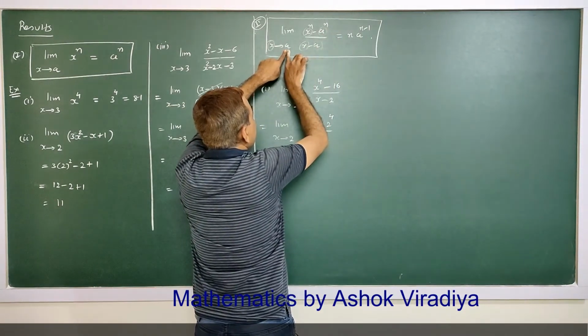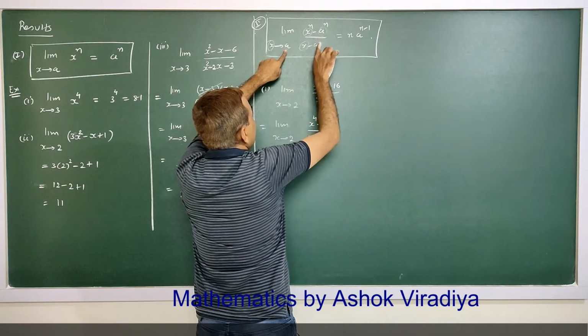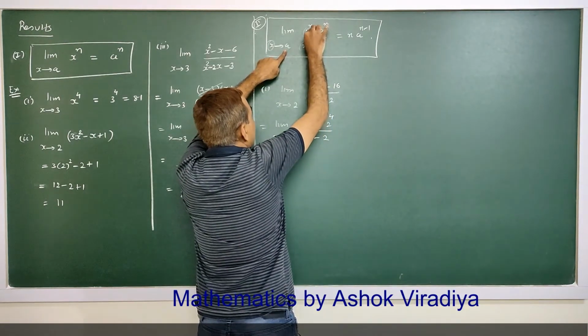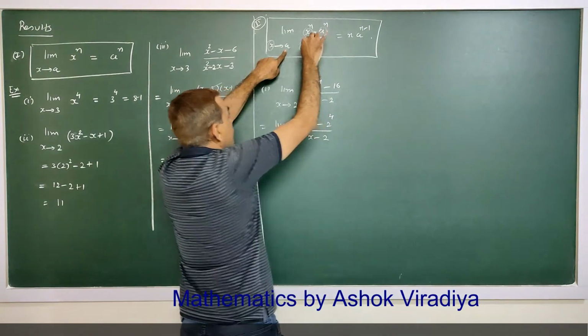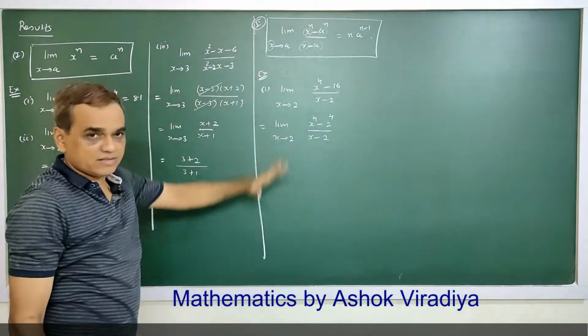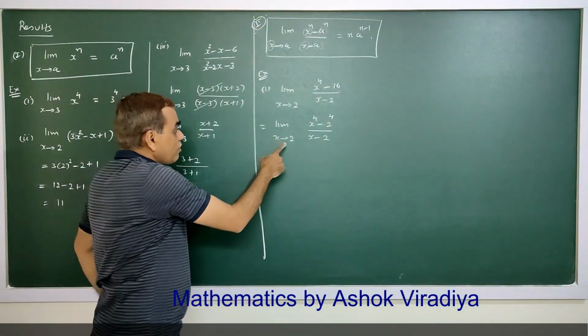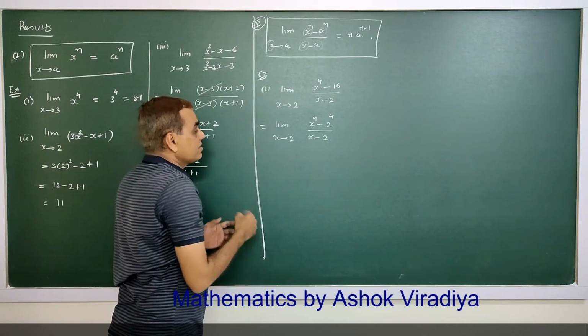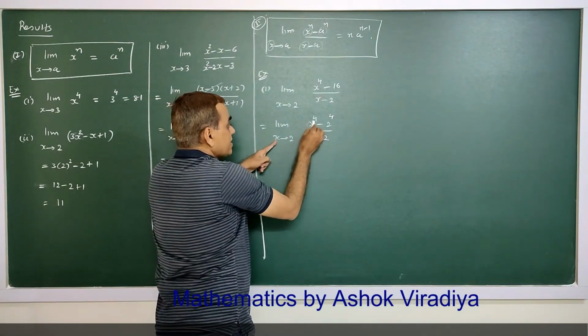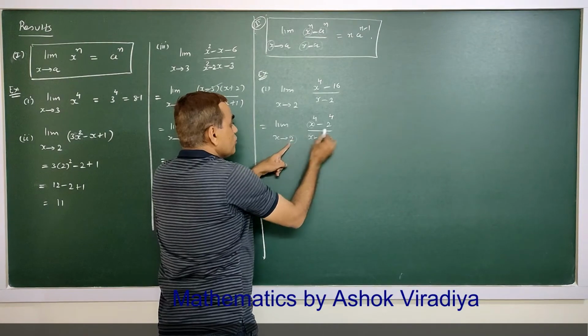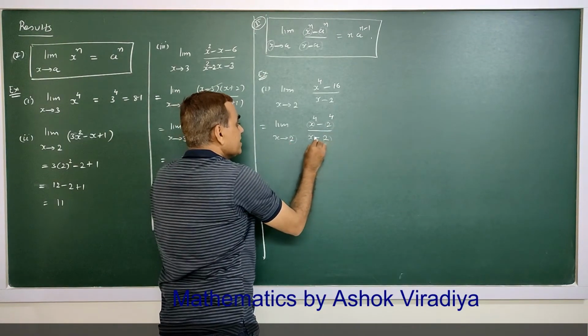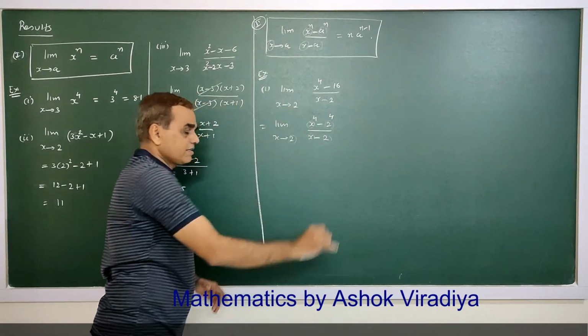If this is minus 2, there should be minus 2 here, and the minus is already a part of this pattern. Now check this pattern. This is x, so x, x. This is 2, so 2, 2. And minus must be a part of the pattern.